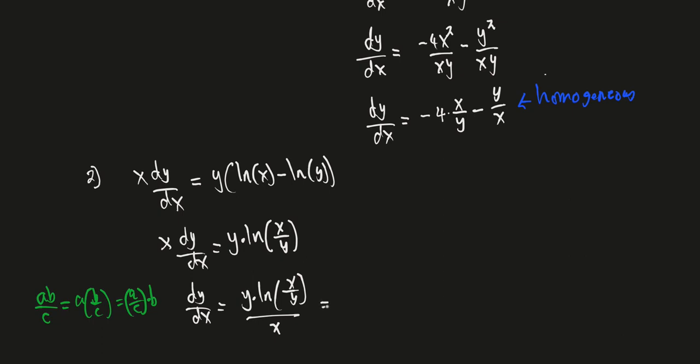So yes, I can write this as y over x times the natural log of x over y. And there it is, right? I've expressed the right-hand side of my differential equation in such a way that all the variables are part of a ratio, and not just any ratio, but a ratio where the exponents are the same. All right, so we can say that this one is homogeneous, right?